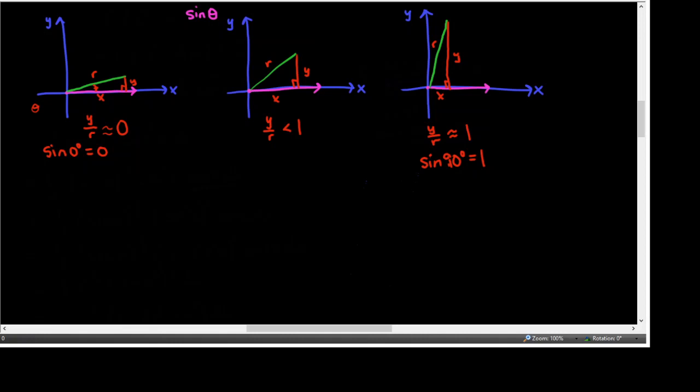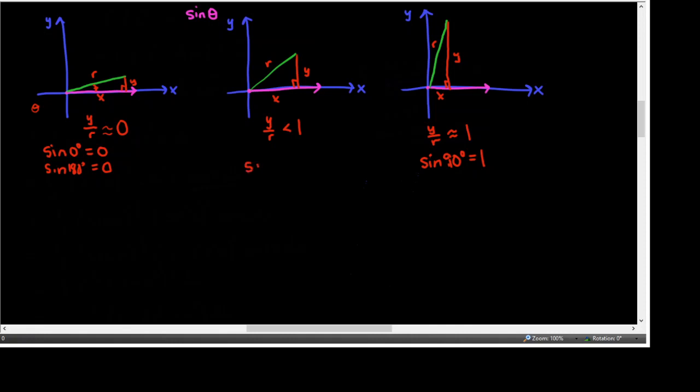Really close to 180 degrees, this would be 0. And y over r would be a positive number that's less than 1. And, of course, sine 90 degrees, the beginning of Quadrant 2 at the y-axis, is 1. So all of our answers so far are between 0 and 1 inclusive. So far, okay? So far, that's what we have.